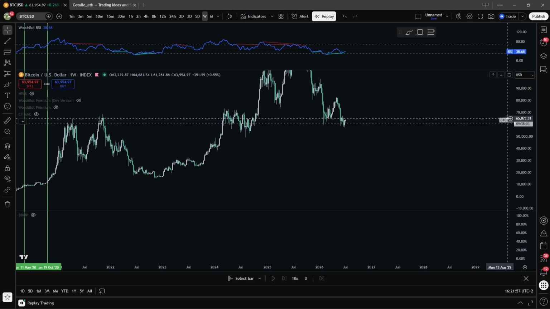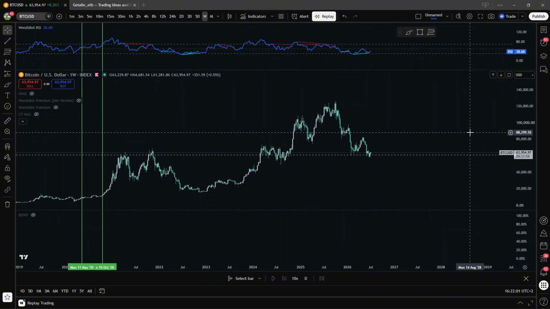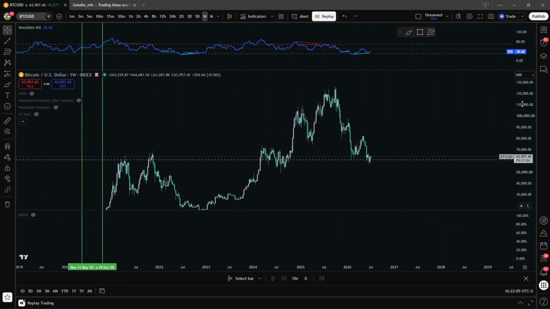Because in my opinion, the overbought and oversold areas are not what they seem to be. For me, when the RSI indicator is in the overbought area, it's actually the most bullish it can be.